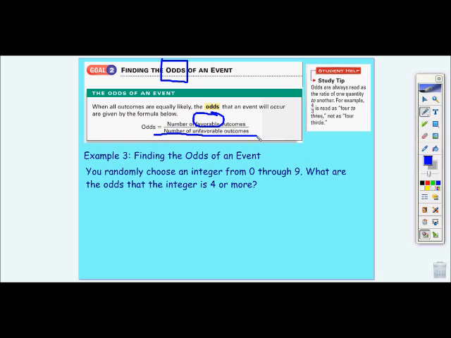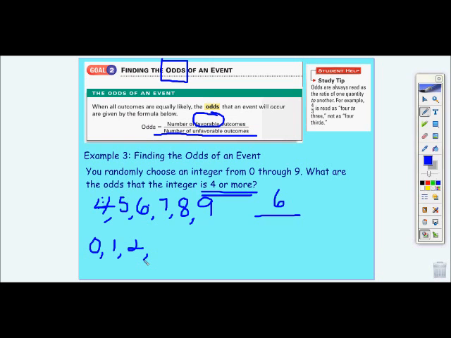So there are 6 favorable outcomes because we want it to be 4 or more. So it could be 4, 5, 6, 7, 8, or 9. All of those are integers that are 4 or more. So I have 1, 2, 3, 4, 5, 6 possibilities that I would be able to get a favorable outcome. Now the other integers are 0, 1, 2, and 3.